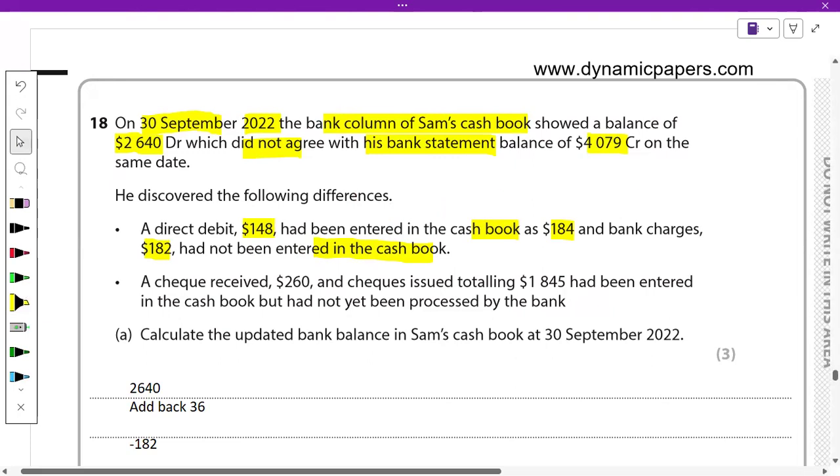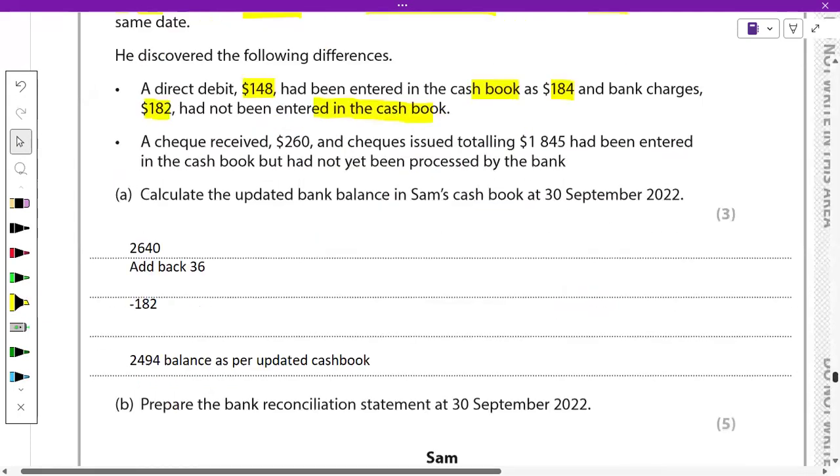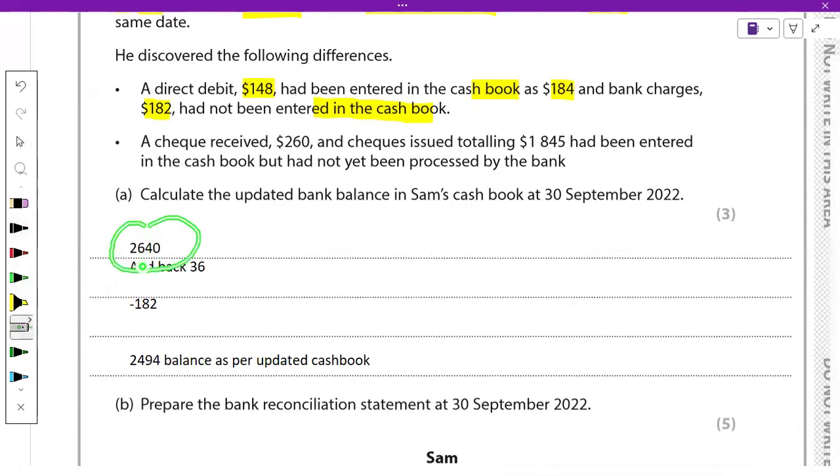First of all, we have the positive balance in the cash book, which is 2640. A direct debit 148 had been entered in the cash book as 184. So as you can see, the direct debit amount was 148, and we entered it in the cash book as 184.